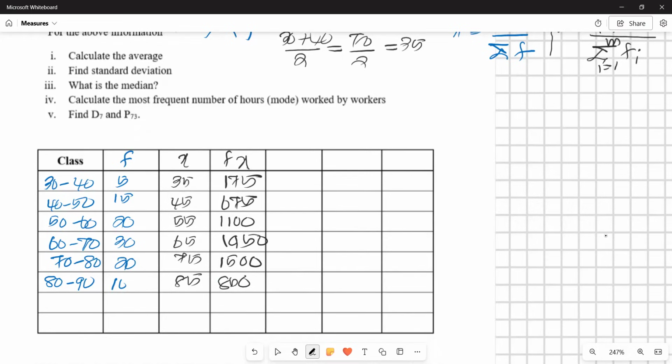Get the sum of these columns. The first one must be 100.